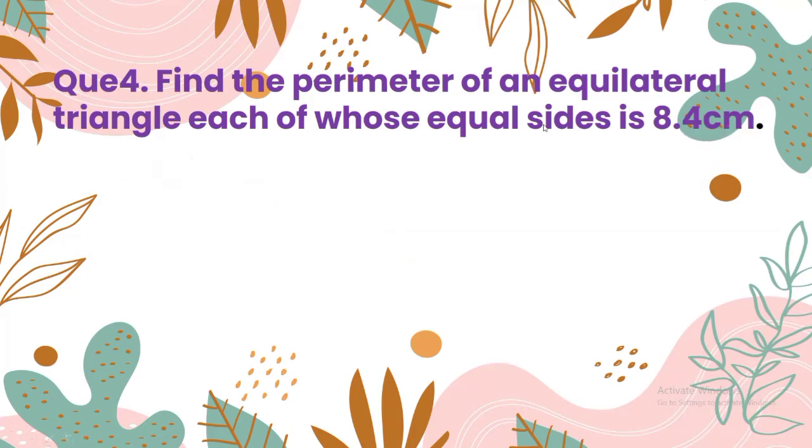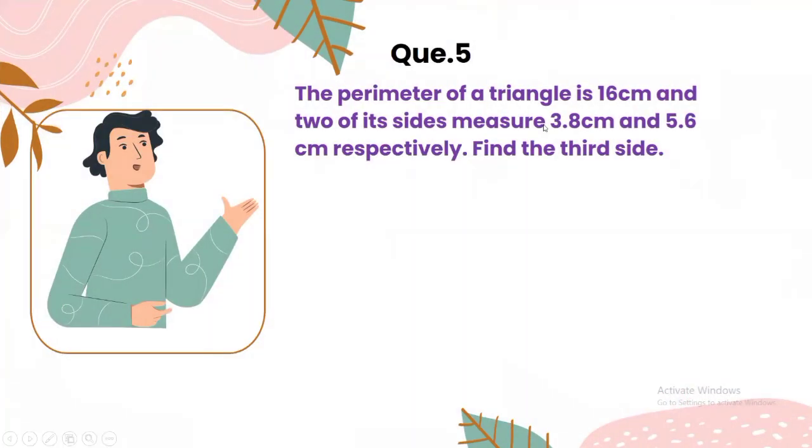Now question number 5 is that the perimeter of a triangle is 16 centimeter. Perimeter is already given, so you can use the formula which I just told you earlier. Otherwise just simply use the common formula of the perimeter of a triangle.